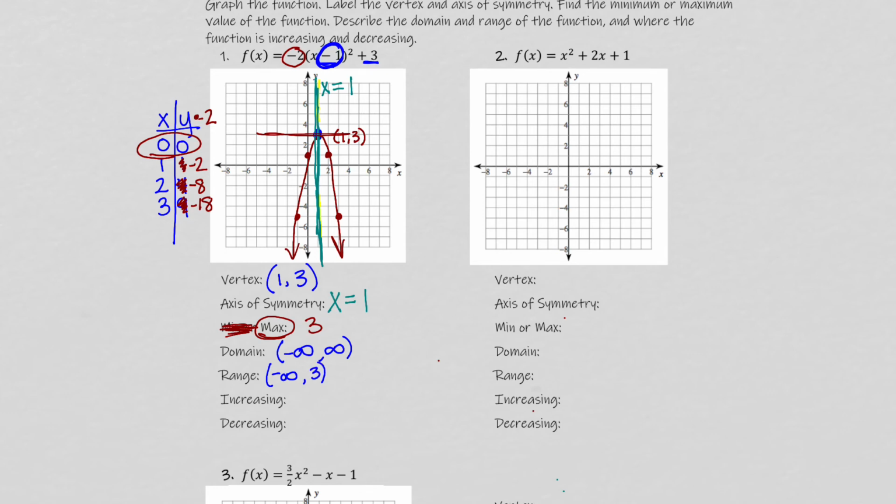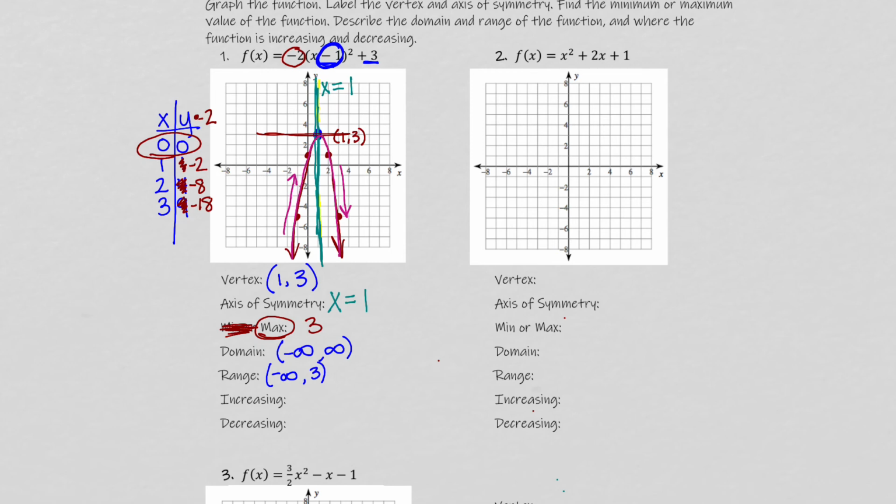Now let's talk about increasing and decreasing. So when I drew this, my parabola, if I draw from left to right, that's how we read from left to right. I went up, hit the vertex, and I came down. Okay?